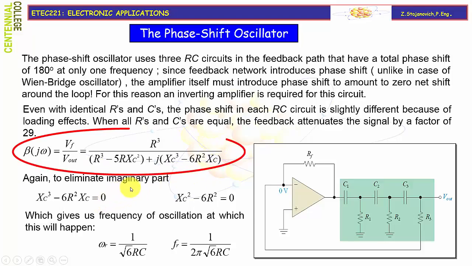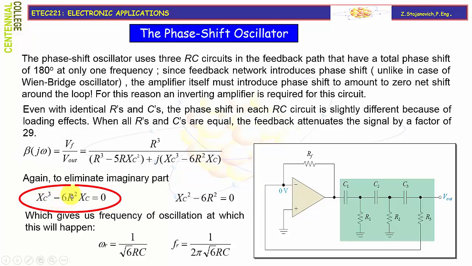Now, again, to eliminate the imaginary part, Xc to the power 3 minus 6R squared Xc must be equal to 0. Xc and Xc cancel out, so you get the expression that Xc squared must be equal to 6R squared, which gives us the frequency of oscillation at which this will happen as 1 over 2 pi square root of 6 RC.